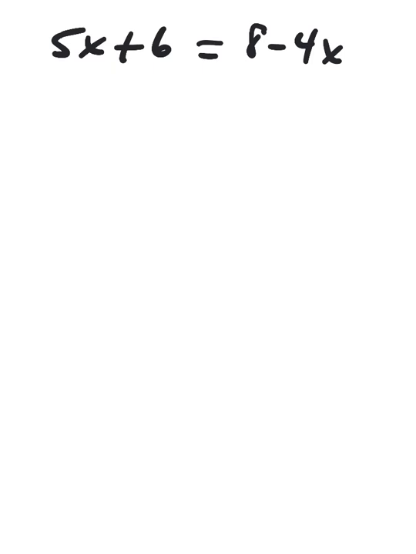There are also constant terms on each side, the 6 and the 8. Using adding or subtracting, you can move the variable terms to one side of the equation and the constant terms to the other side. For example, it's totally fine to add 4x's to each side of this equation. As long as you do the same thing to both sides, it's okay.